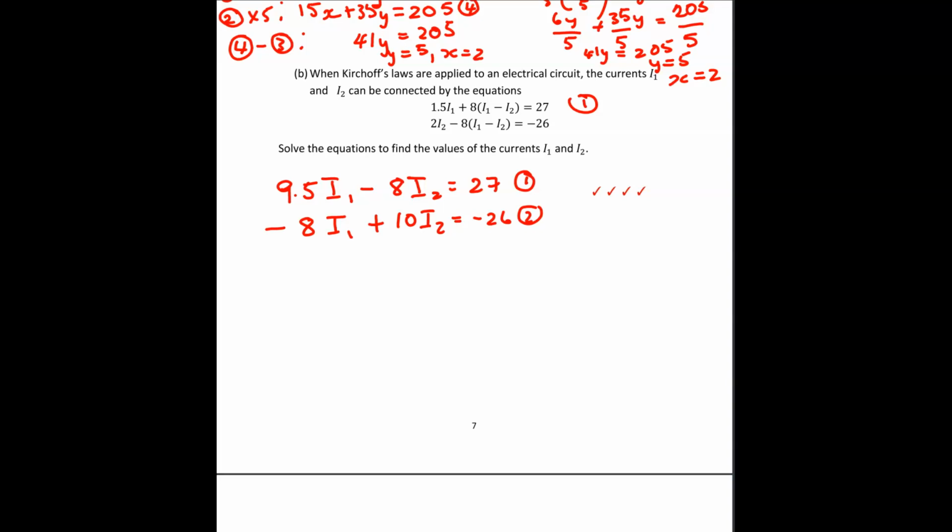Now that it's like that, you can multiply equation 1 by 5. This is just one way of doing it. Call it equation 3. Multiply equation 2 by 4.